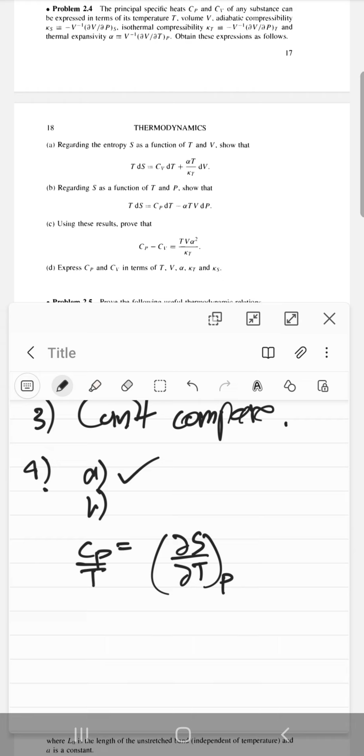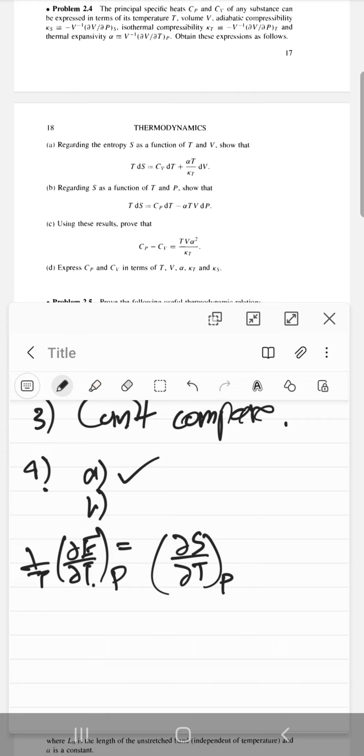Yes, let's just get started. So this is actually trivially true because this is like 1 upon T over there, and this thing is just partial S by partial T at constant pressure. So this is trivially true. Once again, just using the definition of entropy.